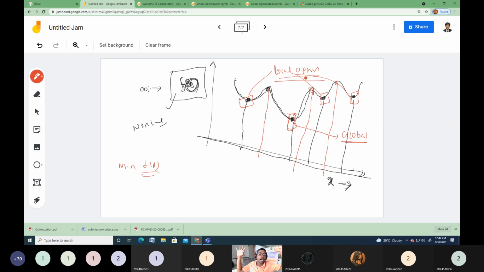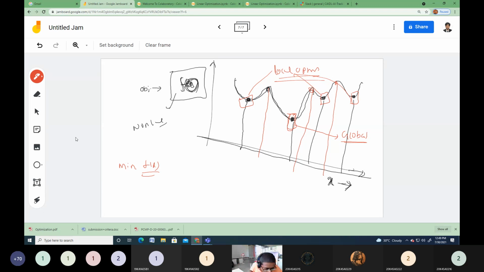That may be a minimum or maximum. Out of all the local optimal points, you have to identify which is the minimum if you are dealing with a minimization problem. Or if you have multiple local maximum points, you have to find the maximum among them. That's called the global maximum.